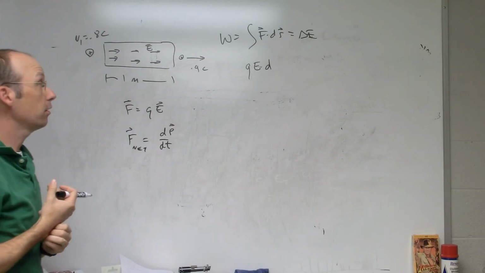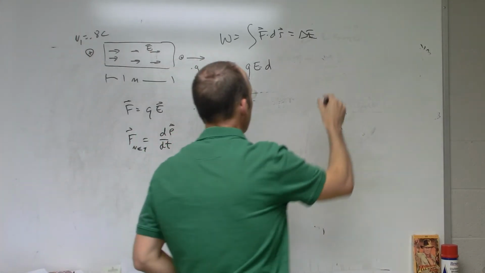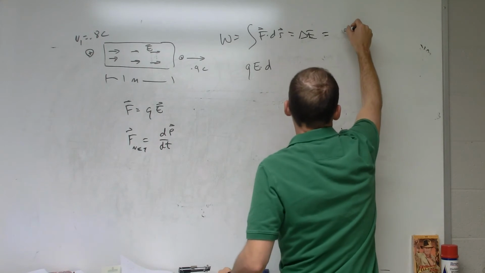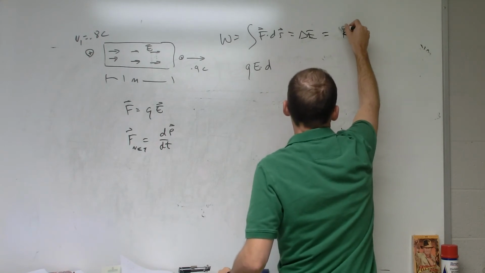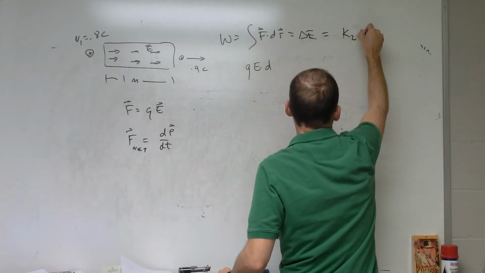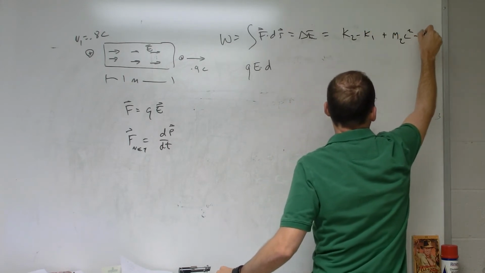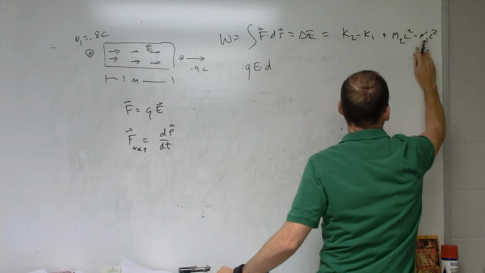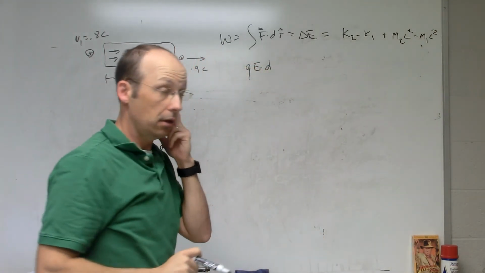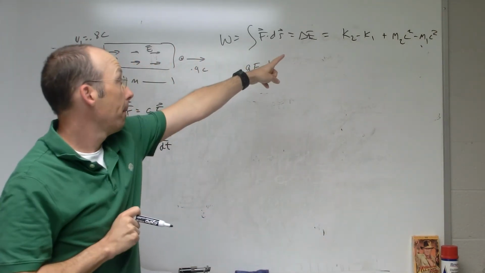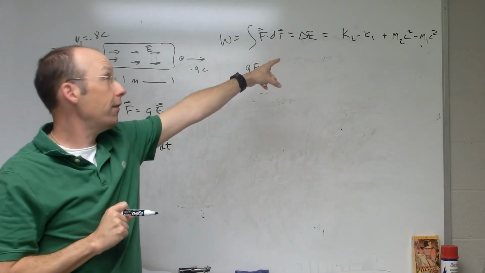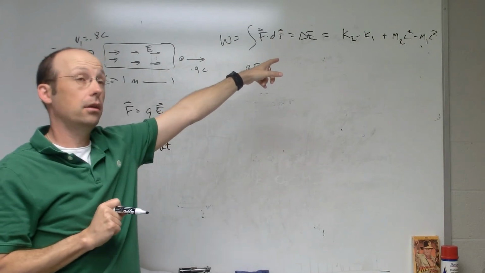Now here's the mistake that you should not do. If you said this is K2 minus K1 plus M2C squared minus M1C squared, to take care of the mass energy, that's fine. But when it's moving that fast, you don't have a good expression for the kinetic energy.